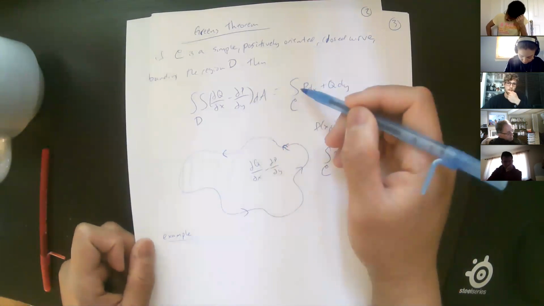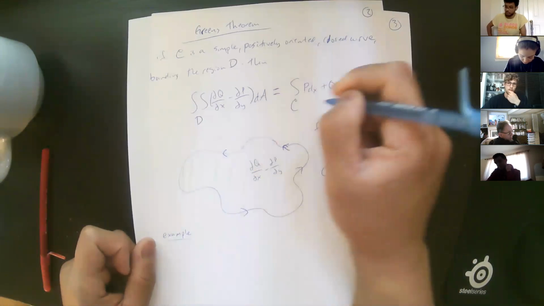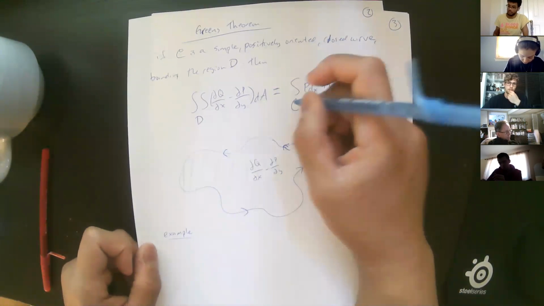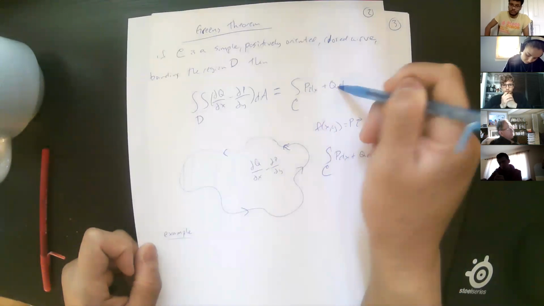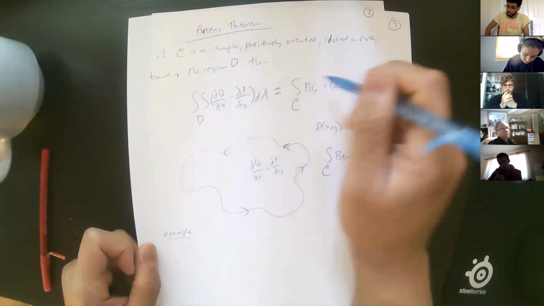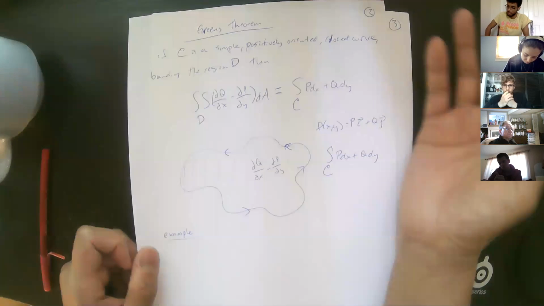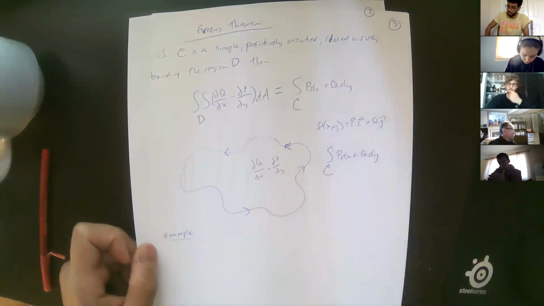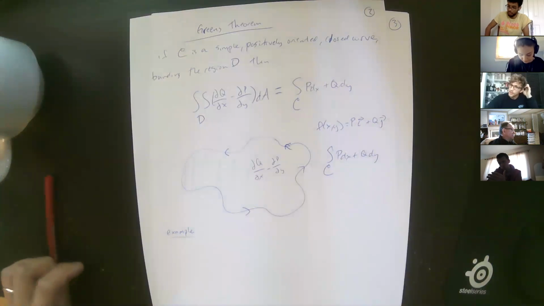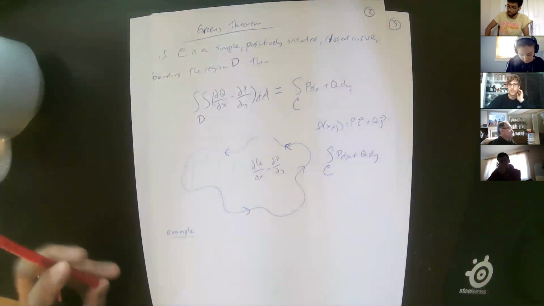Yeah. So this is the entire content of Green's theorem. If I have these conditions on C, and the derivatives of P and Q are continuous, I have this equality. That's it. That's just Green's theorem in action. There's a proof in the book of a simpler version of it.